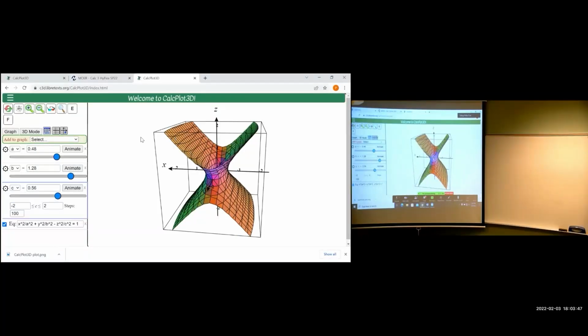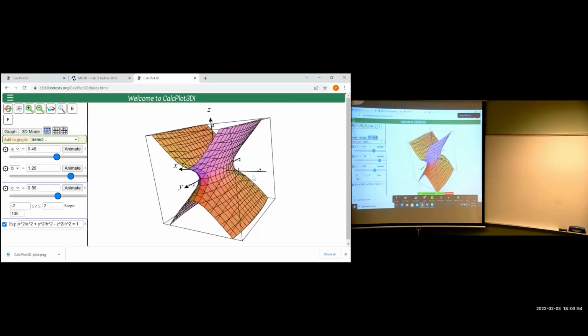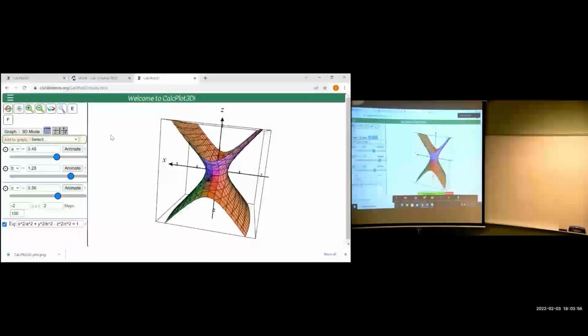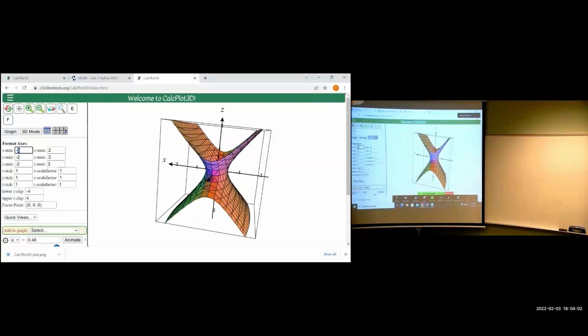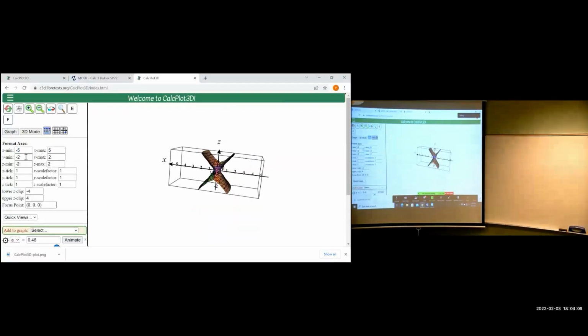And I didn't spend a lot of time going over all the things you can do in Calcplot 3D, but notice right now I'm in between 2, 2, 2, and -2, -2, -2. Right here is, okay, if I wanted to see a little bit more of the graph, here's where I can format the axes.